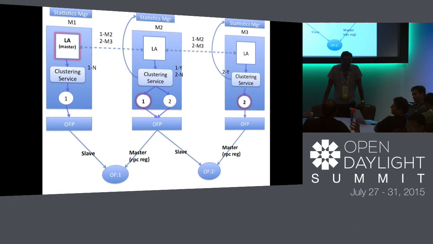So that's where we went ahead and tried to distribute the switches so that all the instances work. All the instances will be active instances. There is no standby mode. In the first model, controller 2 and controller 3 would be in standby mode if we connect all the switches to 1 and everything is master there. That's the active-standby mode, and those 2 controllers are not going to do anything.